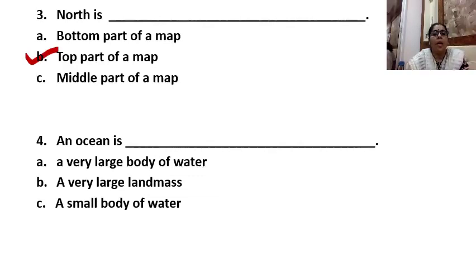An ocean is dash. A very large body of water, a very large landmass, a small body of water. Yes, you have to take your own time, read the options and select the correct option.